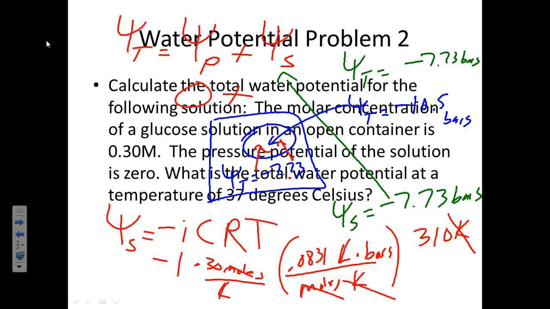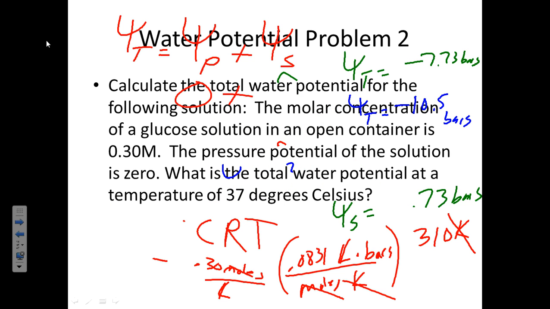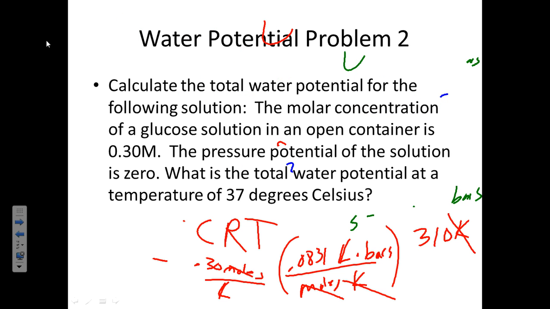Let's do one other thing before we go. Let's say that we leave everything the same in this problem, except we change the glucose to potassium chloride. So instead of the solute being glucose, it's KCl. Well, that changes things, because what's KCl? What kind of compound? Salt.